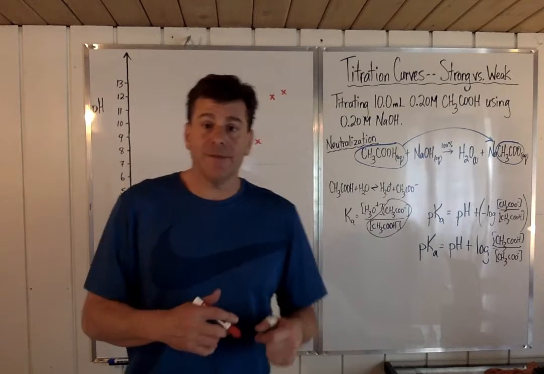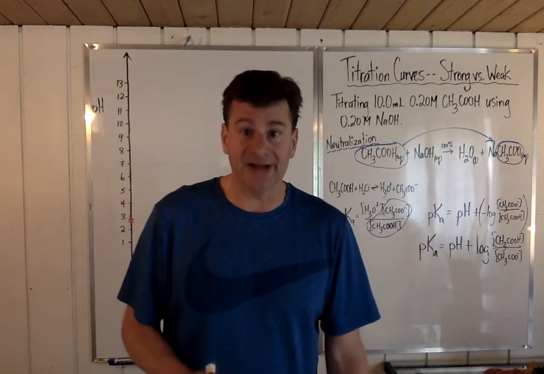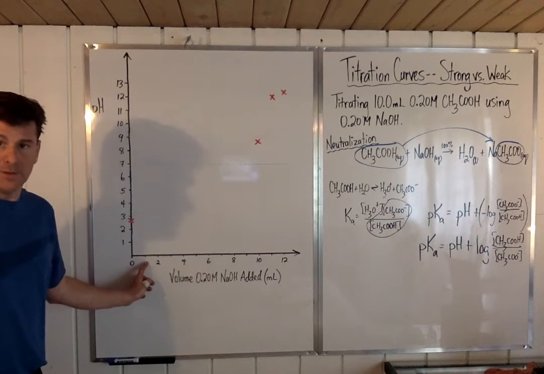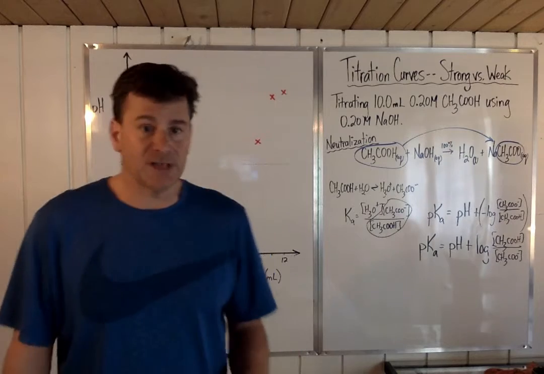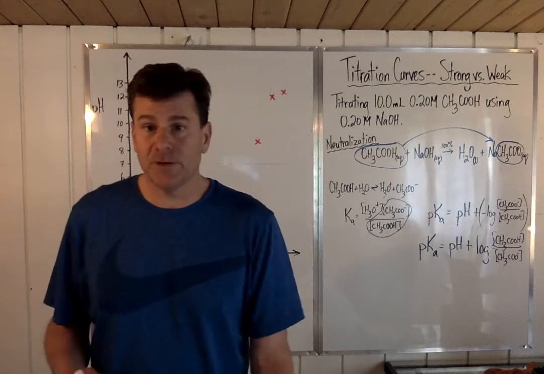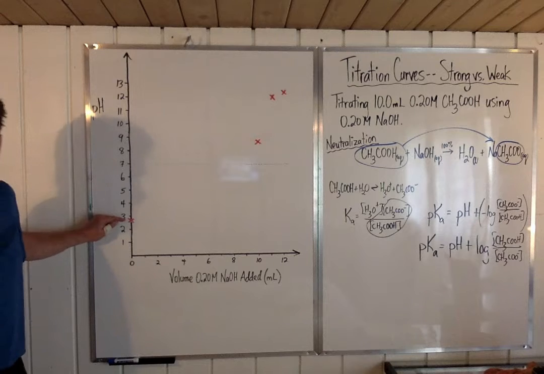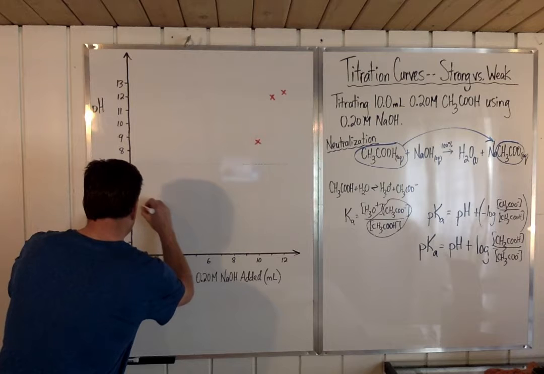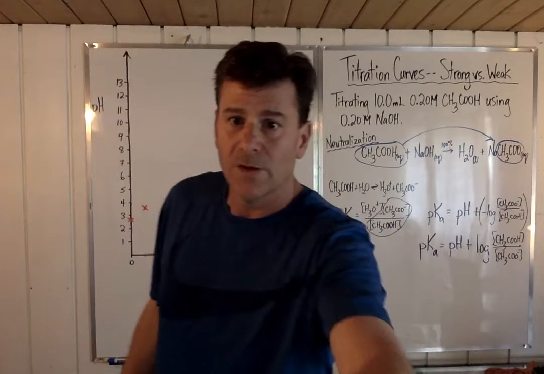When I did this math, the first number I did is after 1 ml of sodium hydroxide added. Like I'm right here. What's the pH of that solution? After only 1 milliliter of sodium hydroxide, the pH rises pretty quickly, up to 3.79. So it starts here at 2.72, and then it rises to 3.79.